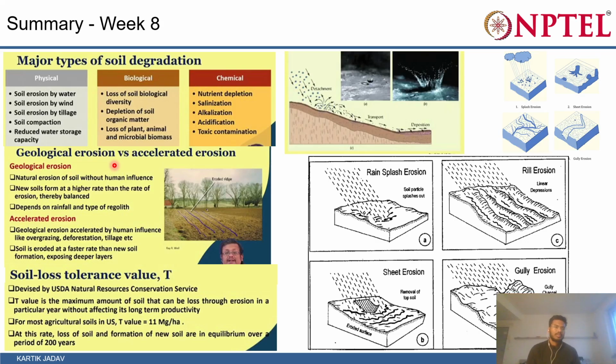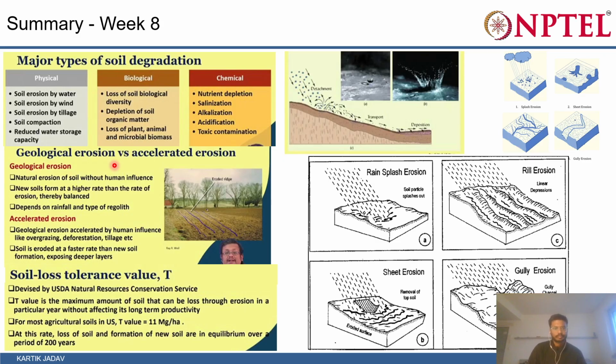So, we know that physical are soil erosion by water, soil erosion by wind, tillage, soil compaction, and reduced water storage capacity.